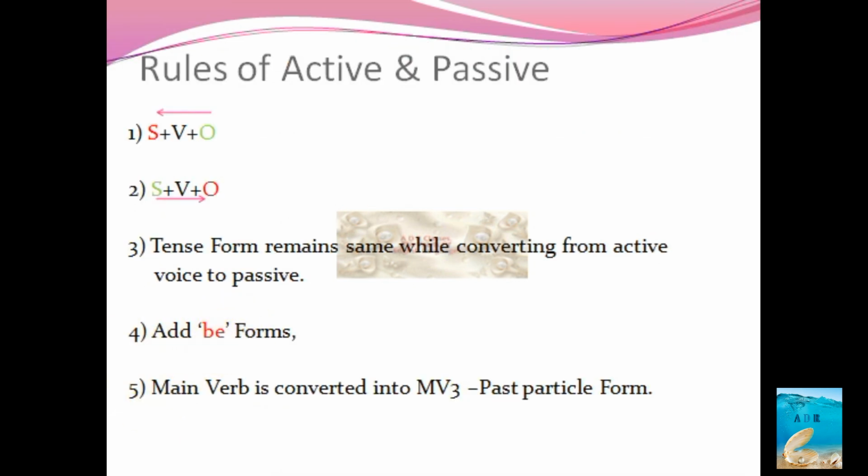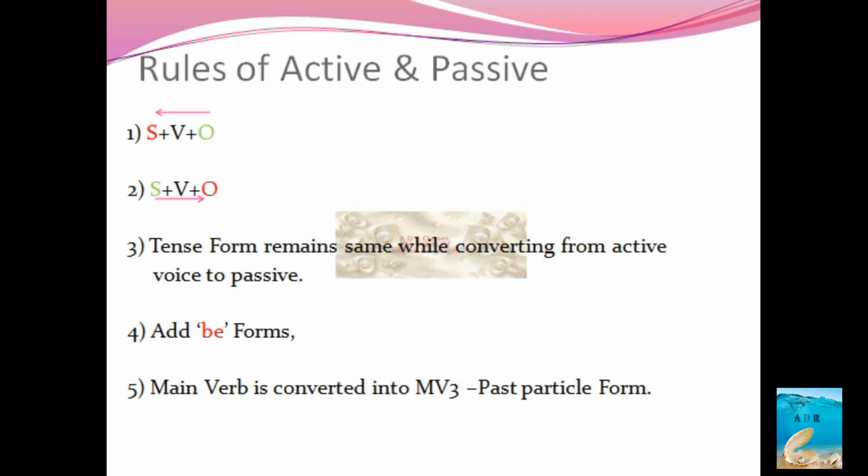Now the fourth rule is that the main verb is converted into past participle form. This I have also done in an earlier video. The verb is divided into three major forms: present tense, past tense and past participle.